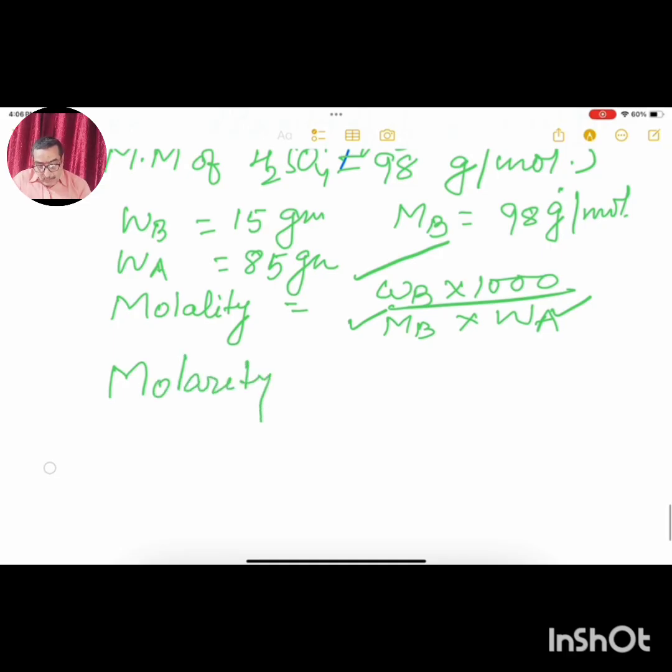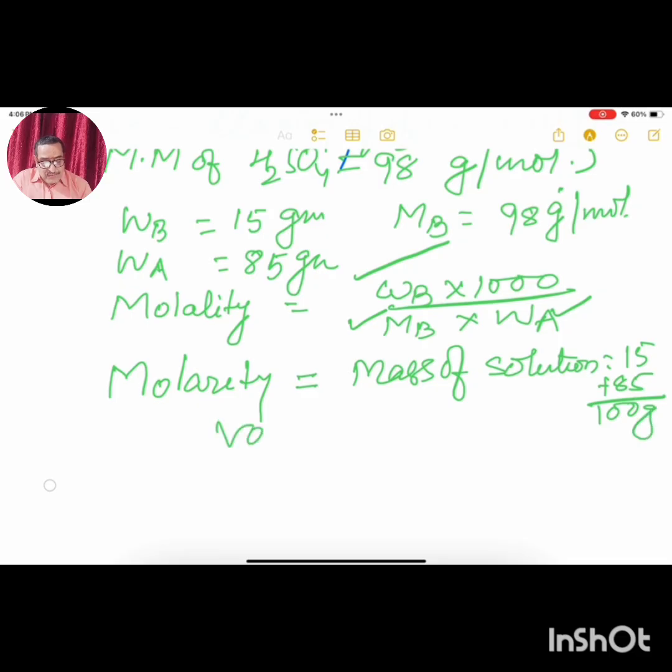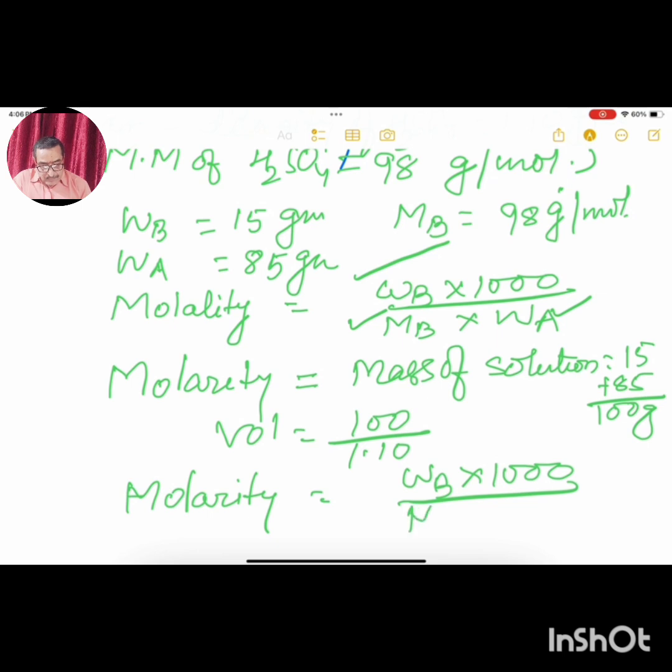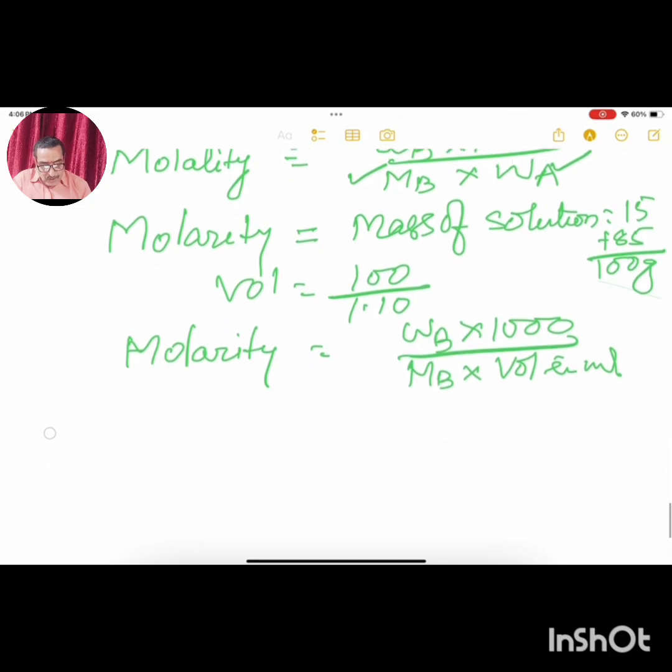Similarly, for molarity, as you know, the volume is required. So the total mass of the solution is 15 plus 85, which comes to 100 gram. So volume equals 100 upon 1.10. Then one formula, as I discussed, Wb into 1000 divided by Mb into volume in ml.